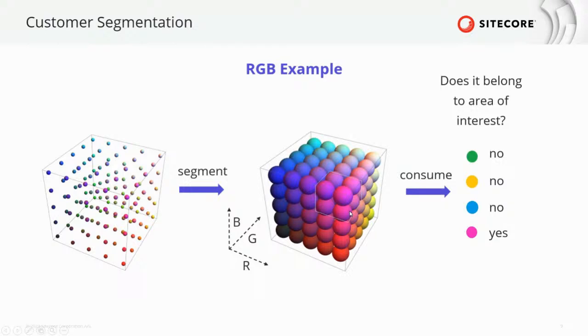So RFM analysis operates in a similar manner. But instead of points, we have our customers. Instead of an area of interest, we will use our churn cluster. And instead of colors, we have some valuable customer features.